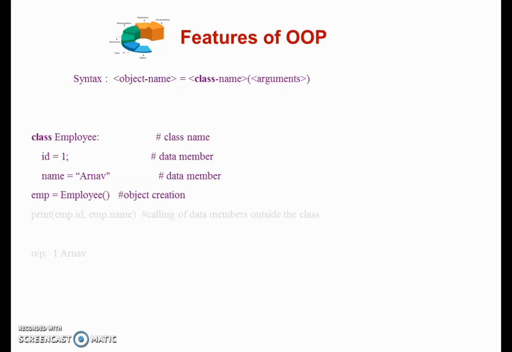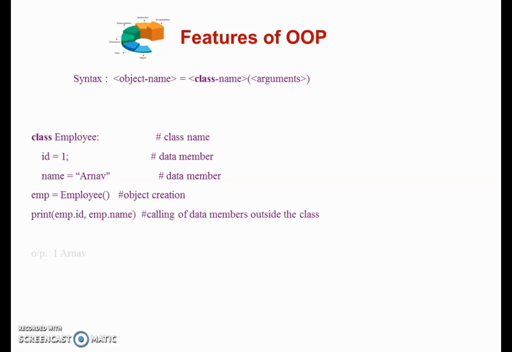This section is known as object creation, whereas here we define the class and these two things are the data members of the class. I want to display these two data members outside the class. So how to access the class members outside the class?